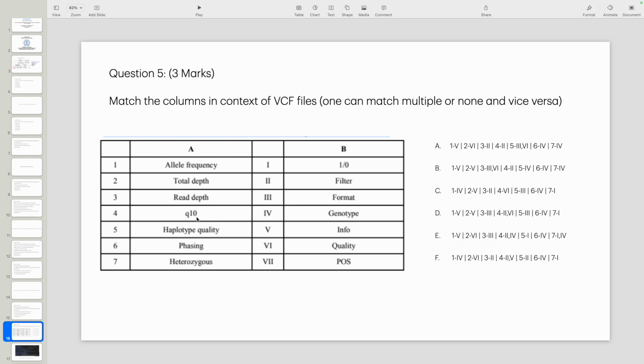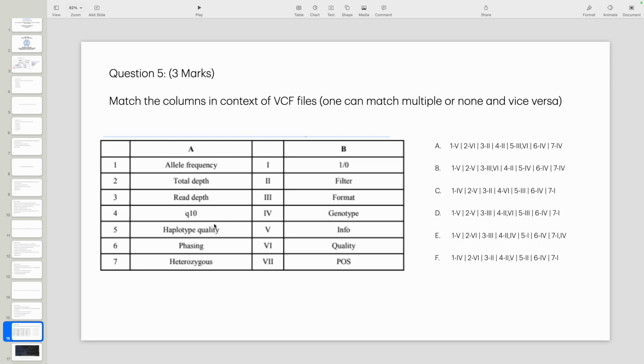Q10 is quality as well as a filter: a quality score below 10 we discard, we do not count them as a variant, so it is providing a filter to the variant calling. So it is a filter and a quality score. Q10 is a quality score as well.